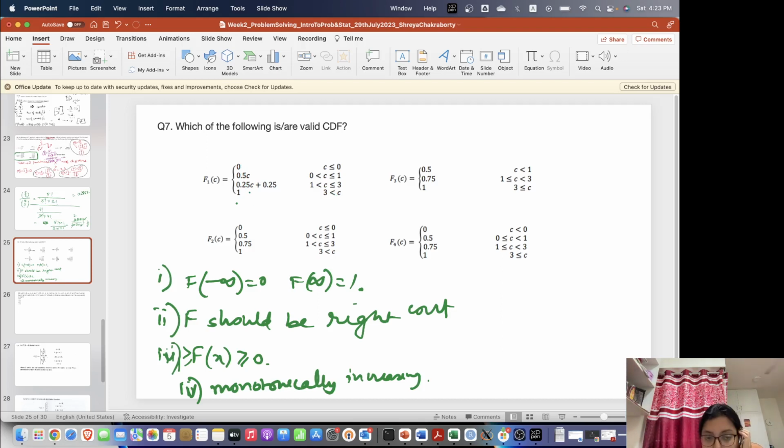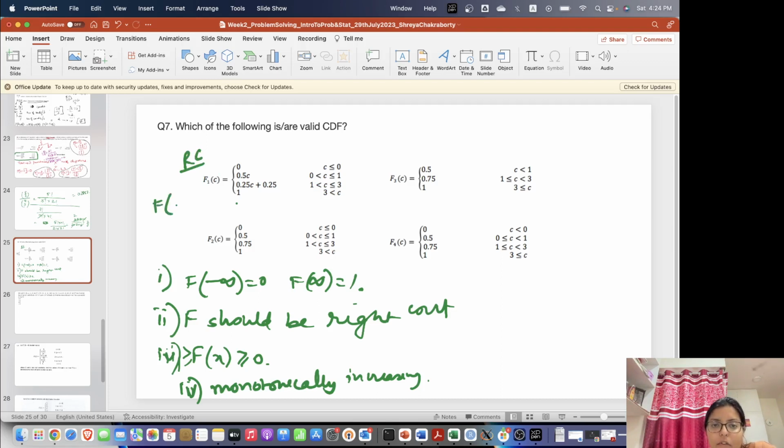So property 4 is satisfied. It is lying between 0 and 1, that is also satisfied. When x is greater than 3, whatever the value, at plus infinity it's 1, at minus infinity it's 0. So those 3 are satisfied. What we have to check is whether it is right continuous or not.